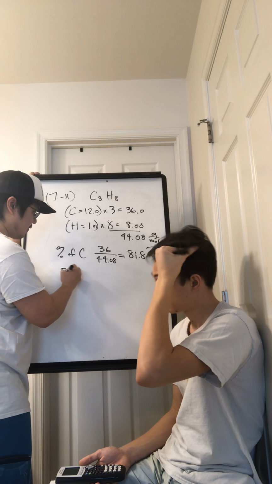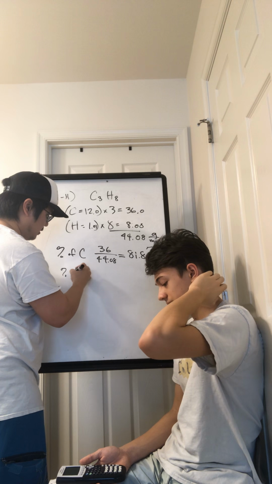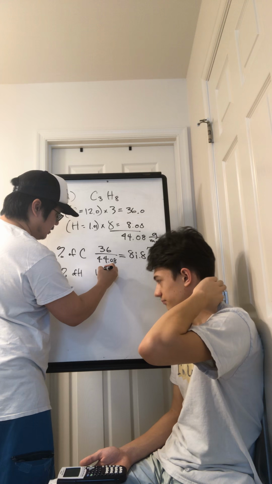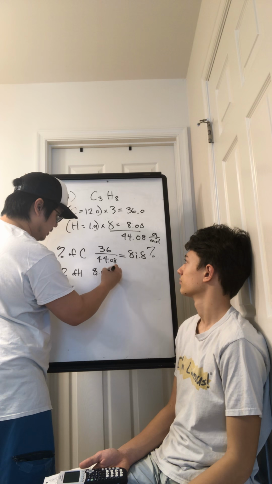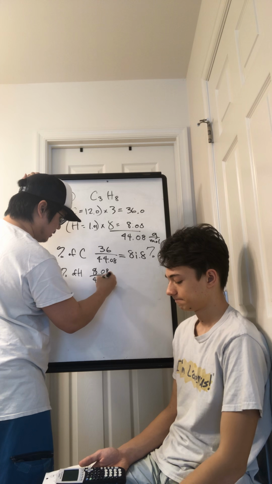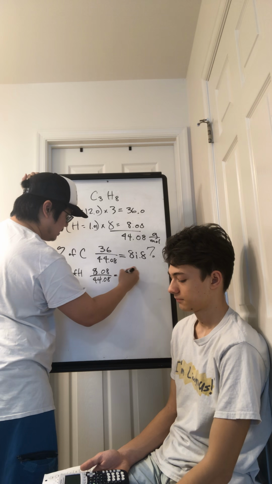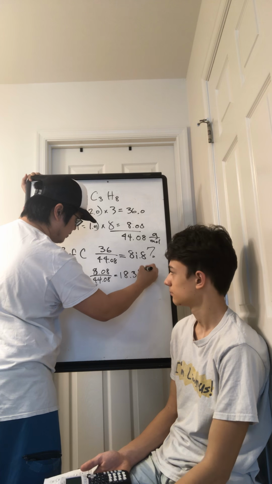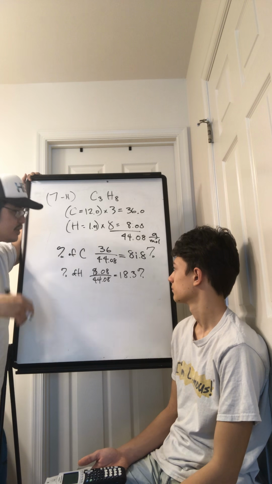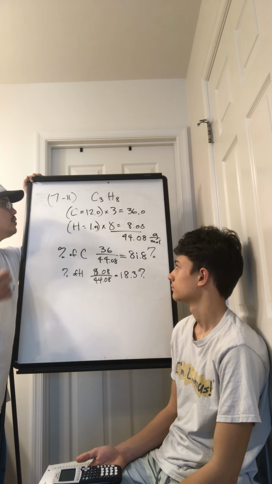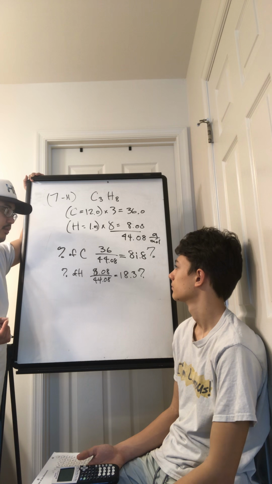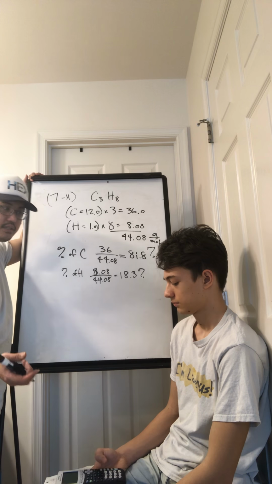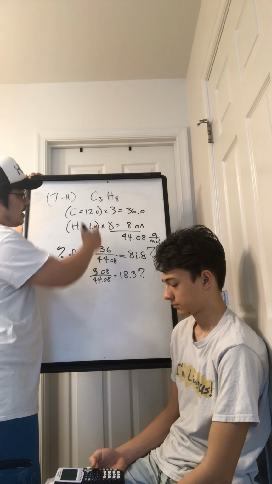And what's the percentage of hydrogen? 8.08 divided by 44.08. And you end up getting 18.3%. Okay. So I originally asked you which one took up the higher percentage, and you said hydrogen.